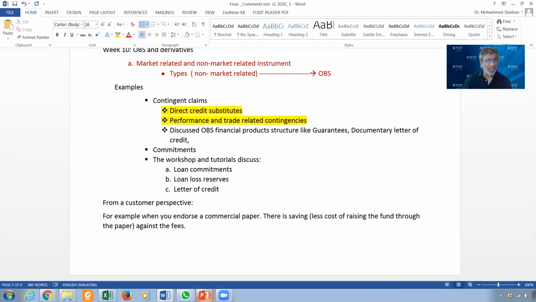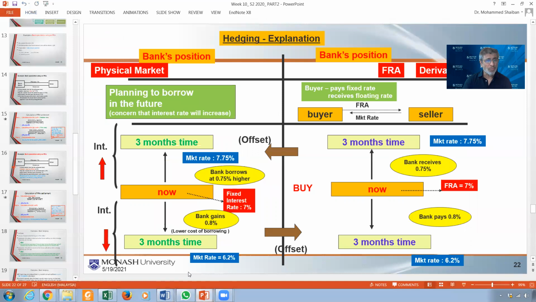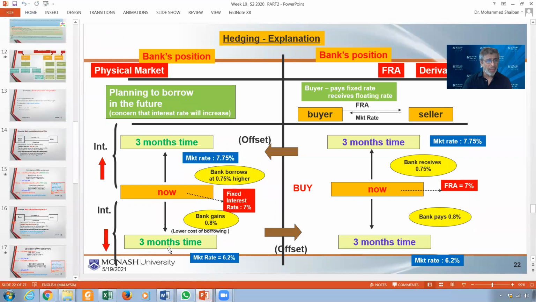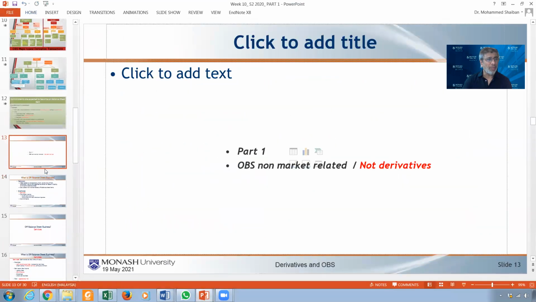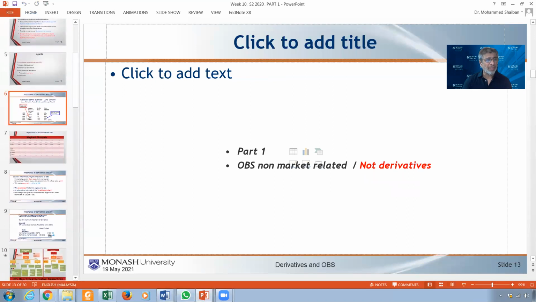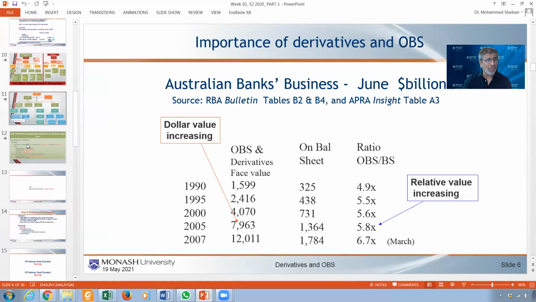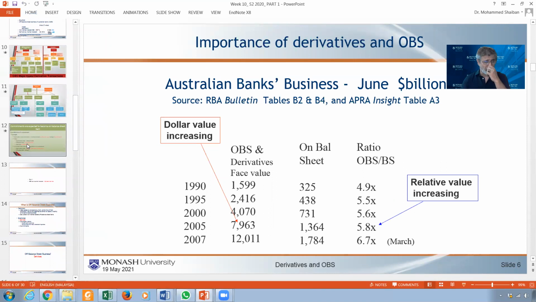If you look at week 10, part 1, there are so many things in the first part. I don't want you to worry a lot about it. I just want you to understand the concept of the OBS.